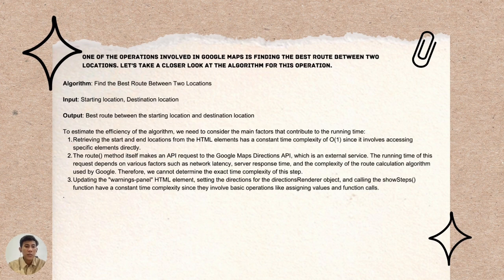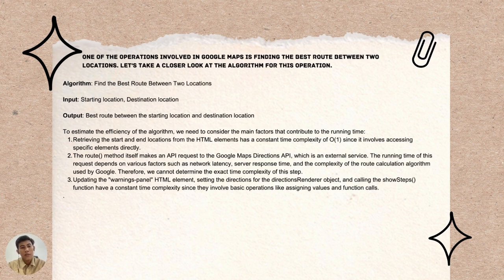To estimate the efficiency of the algorithm, we need to consider the main factors that contribute to the running time. The first one is retrieving the start and end location from the HTML elements, which has a constant time complexity of O(1) since it involves accessing a specific element directly.